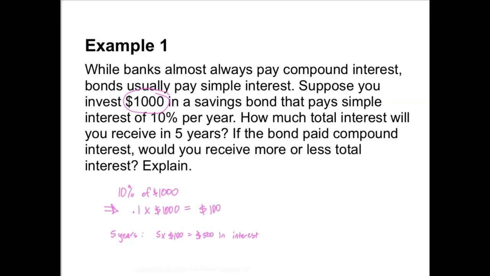If the bond paid compound interest, that would pay more. And so the logic of that is after the first year, so that first year you would earn 10% on your principal, which is $100 we saw.